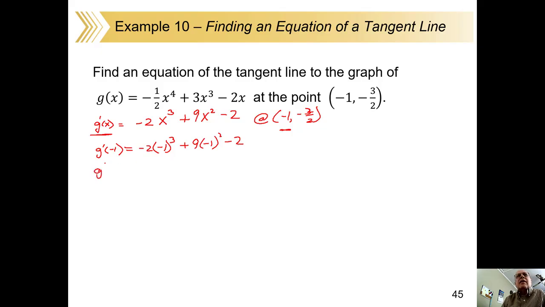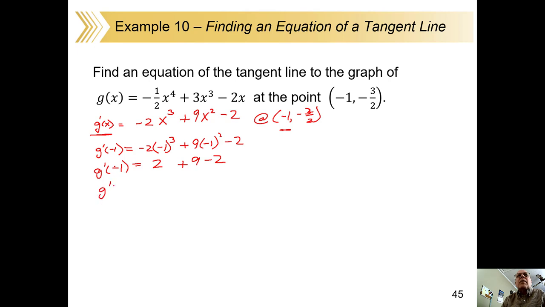Okay, let's see. So what's the slope at negative 1? Negative 1 cubed is negative 1 times negative 2 is a positive 2. Negative 1 squared is 1 times 9 is 9 and minus 2.